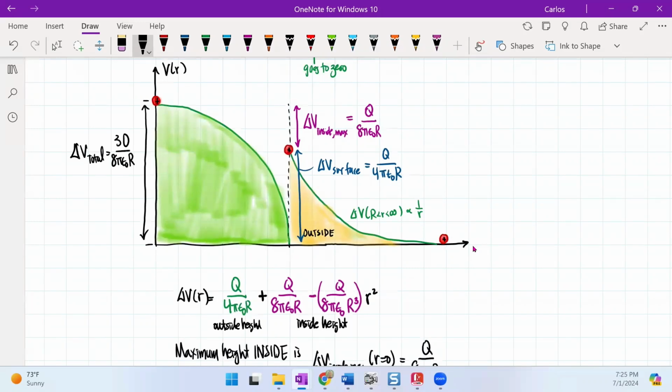That's the maximum height. Now all I'm doing is plotting the rest of this, and the plot should be like that. This is essentially the contribution inside the potential field.